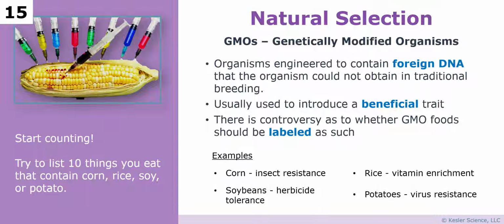And some people feel that this is just man stepping way too far and that people should not be introducing foreign genetics into the foods primarily that we're consuming. Some people are really concerned about what's going to happen in the long term. This is up for debate. What do you think should happen?